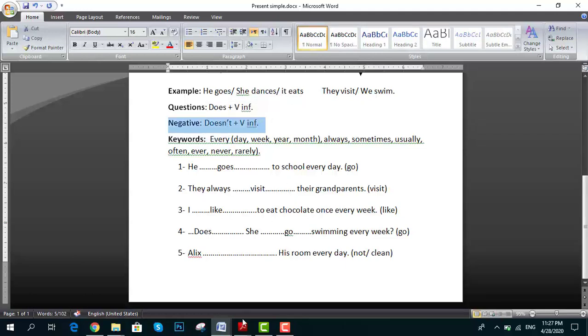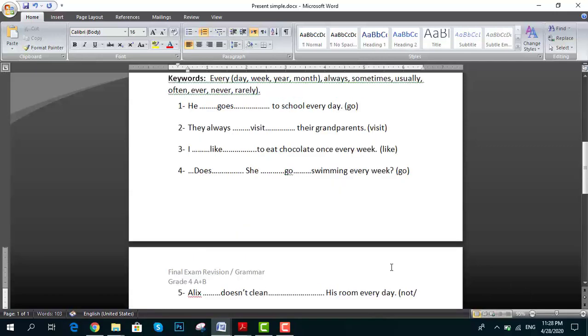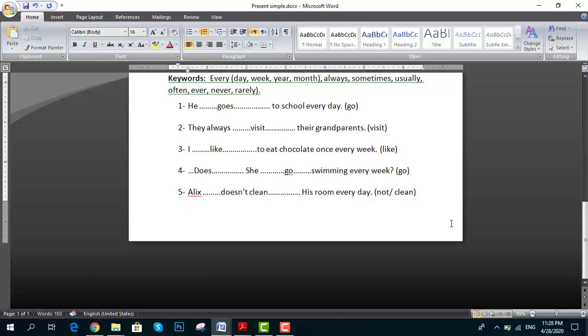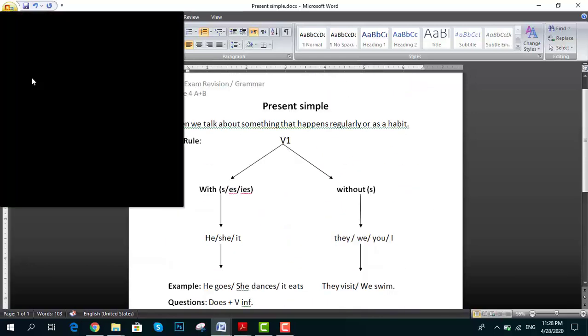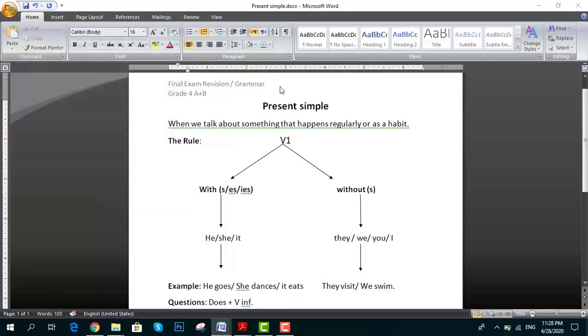So we say Alex doesn't, and the verb clean should also be infinitive. Alex doesn't clean his room every day. Okay? That's it for present simple. I'm going to send you this worksheet.